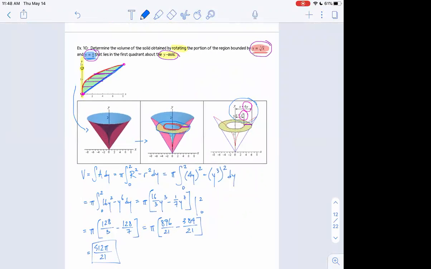All right, so we should be getting 512 pi over 21.